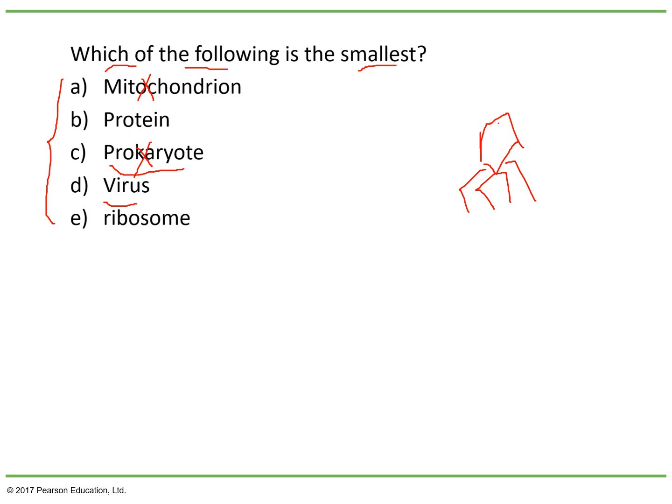So they have the DNA or RNA inside. You have here a structure that is a capsule where the DNA is inside. That structure generally is lipids and proteins. So definitely a virus will be bigger than a protein. It's formed by proteins.